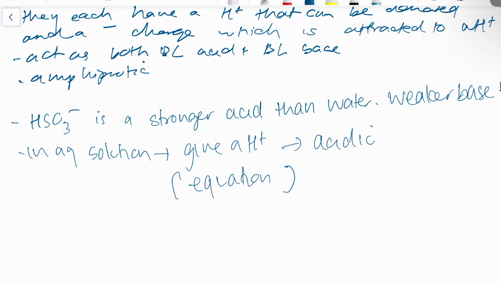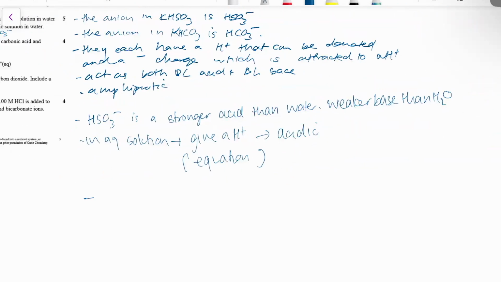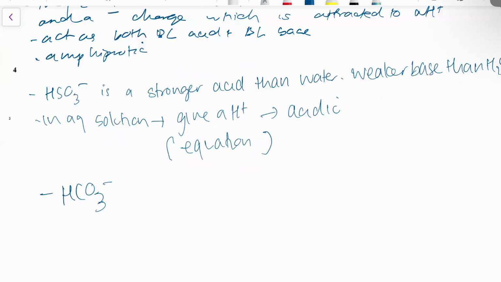And then likewise, the reason why HCO3 minus is basic in water, even though it can do both, is that water must be more acidic than it. Because if water is more acidic, then it'll be the base. So HCO3 minus is a stronger base than H2O, and likewise, it's going to be a weaker acid.